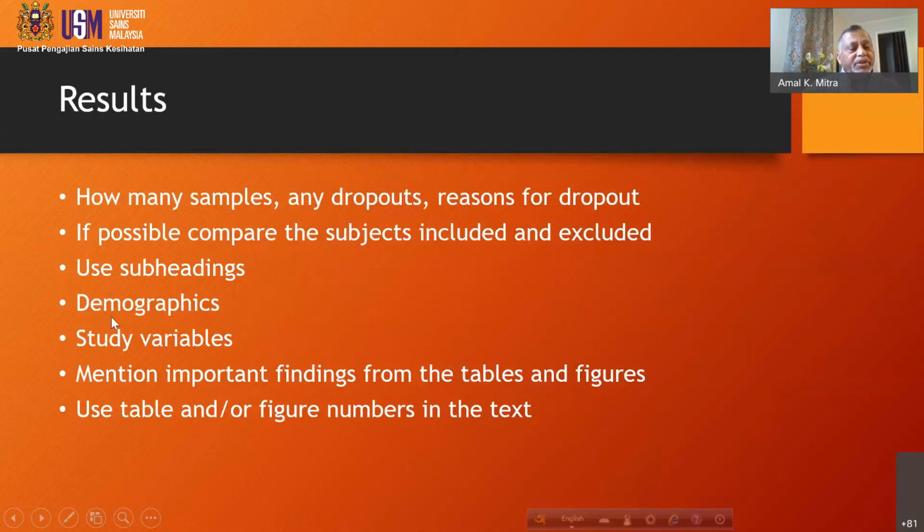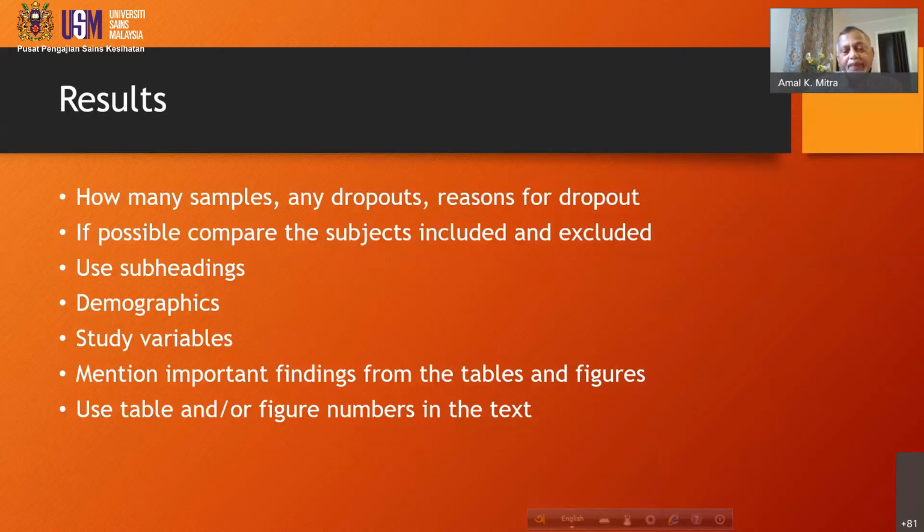Usually we talk about the demographics of the people, then study variables, and any mention of important findings from the tables and figures. Summarize them in the results. Do not write all the findings from the tables and figures in the results section.